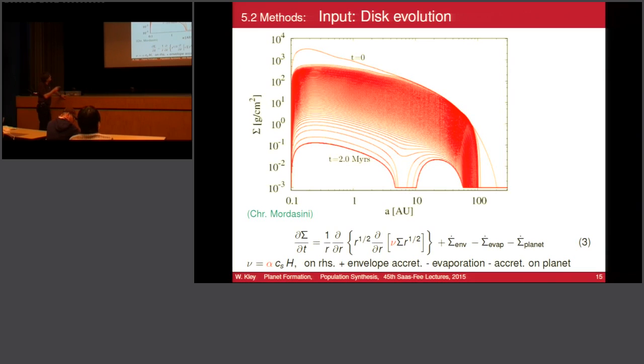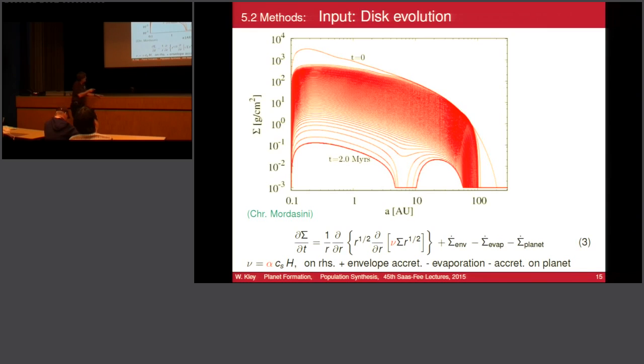This is the initial distribution of such a disk, and this is how it evolves in time, downwards here. And this indentation is not caused by a planet, but I think it's because of evaporation. Evaporation here comes from the inside, and here's evaporation from the outside. This is basically this term here. You model this by some analytic formula you get from other people.